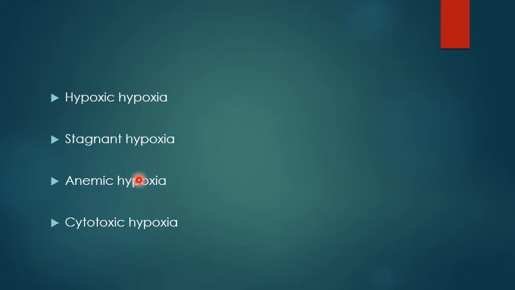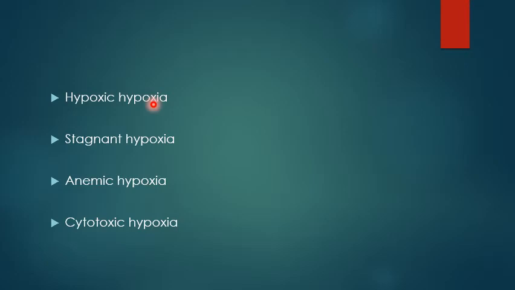When the hemoglobin content is low, instead of 20 ml per 100 ml, the oxygen content of blood can be extremely low. For example, in hypoxic hypoxia, instead of saturation of 100%, if the saturation becomes 90%, the oxygen content of blood, instead of 20 ml, becomes 18 ml.